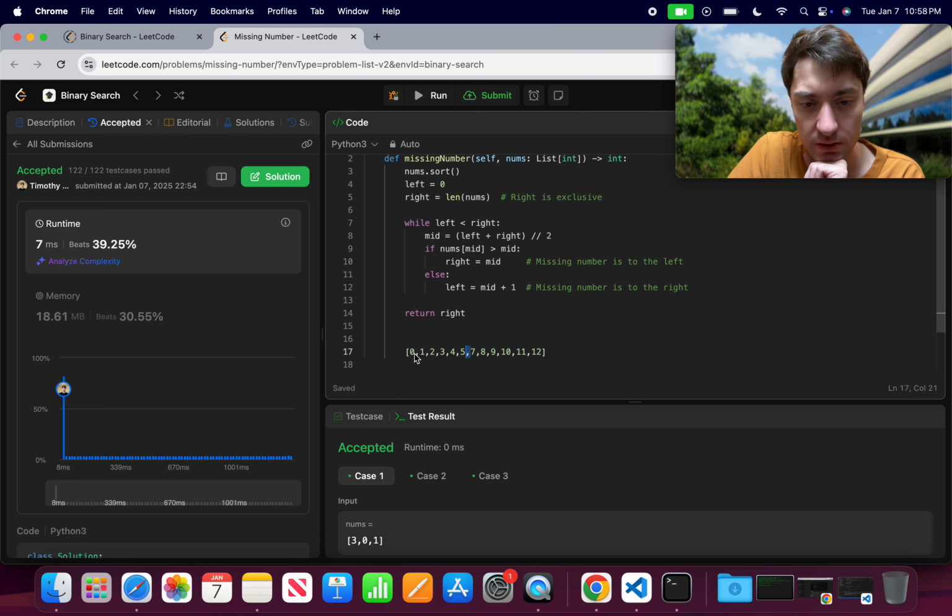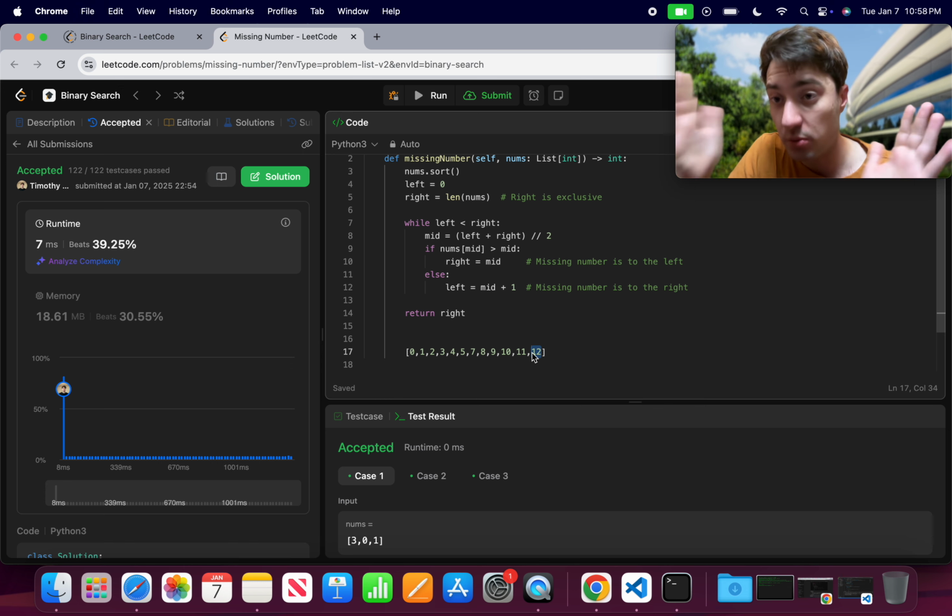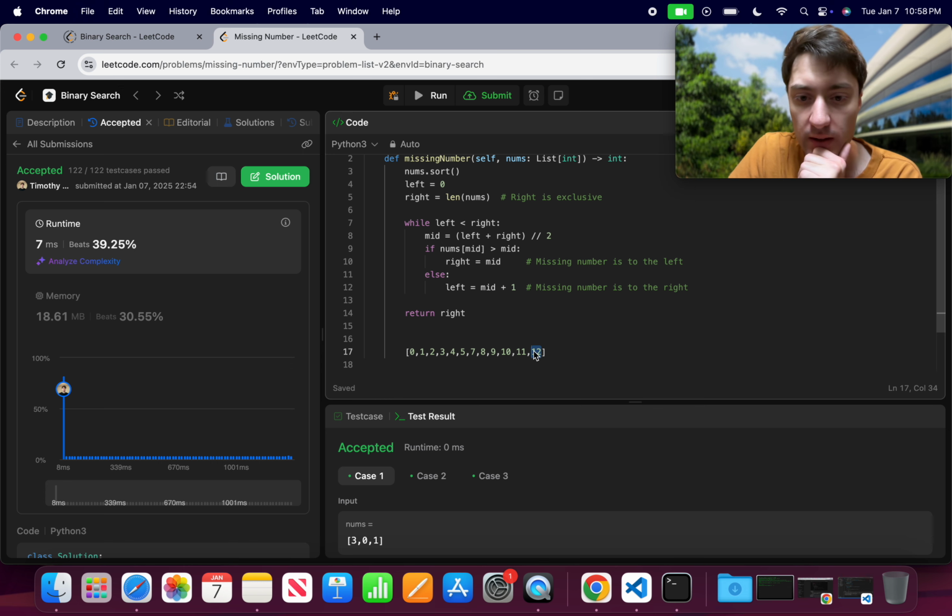I start off, left is 0, right is, well, this one is index, what, 0, 1, 2, 3, 4, 5, 6, 7, 8, 9, 10, 11. Index 11, whatever. That would make sense because it's 12 elements, and that would be the 11th index.